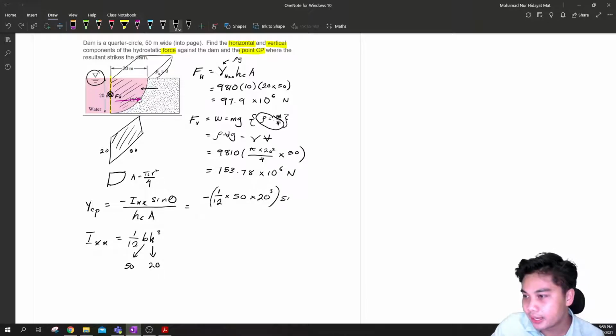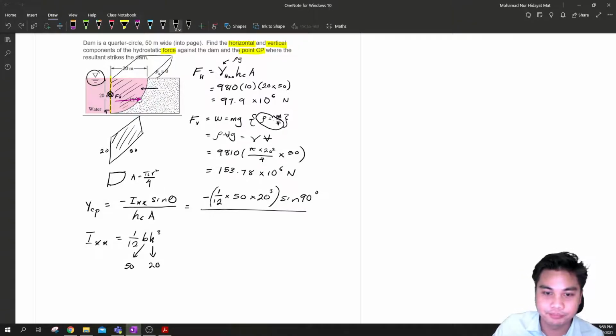Okay, and then multiply with the sine. So what's the angle of this plane to the horizontal? Definitely it is 90 degrees. So sine 90 degrees over HC. Okay, so HC is 10 because 20 divided by 2 is 10.